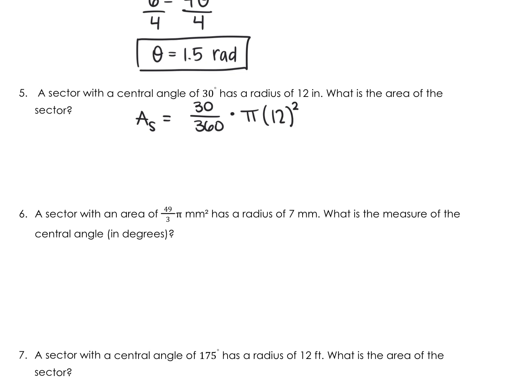So 12 squared is 144, which then I'm going to multiply by 30 and then divide by 360. So we're going to get 12 pi and then inches squared for the area of the sector.